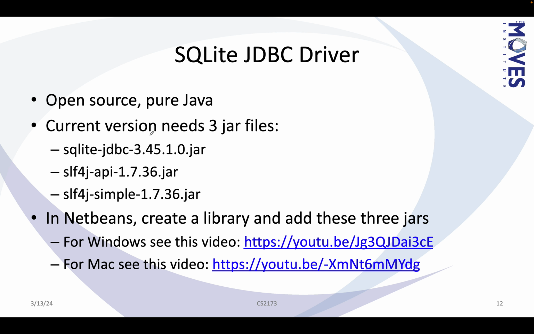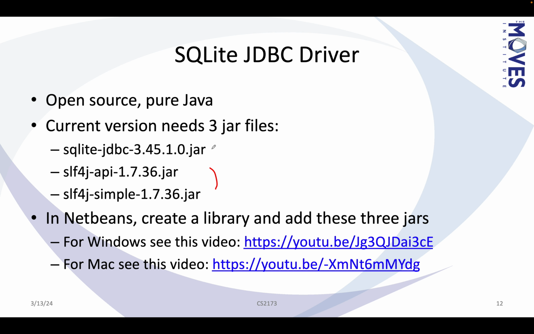Okay, so the current version, in previous versions we needed just one jar file, but now we actually need 3 because they've added a requirement to have these. This is what they use for logging. It's a fancier way of logging than the basic vanilla stuff that Java has that we've been using.